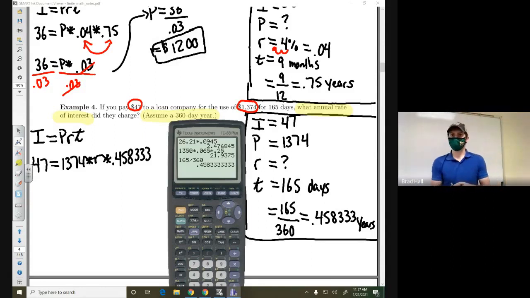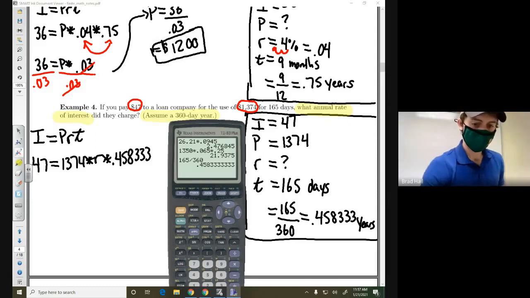So I just plugged everything in. And so now, R is not by itself. So the first thing I'm going to do is simplify what I can. 1374 times the 0.458333. Just go ahead and multiply those together.